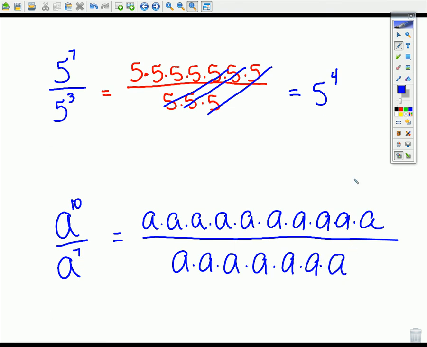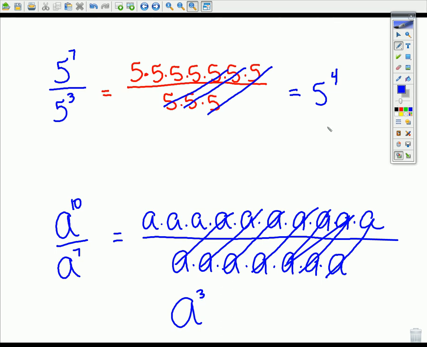And so I can cross off the 7. And that gives me 3 of them, so it's a to the third.